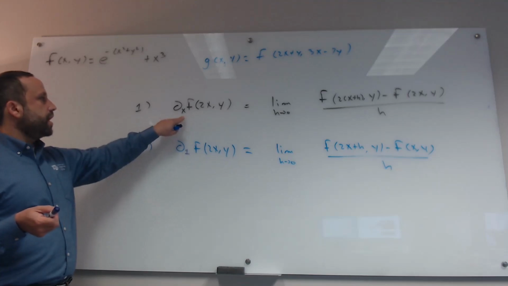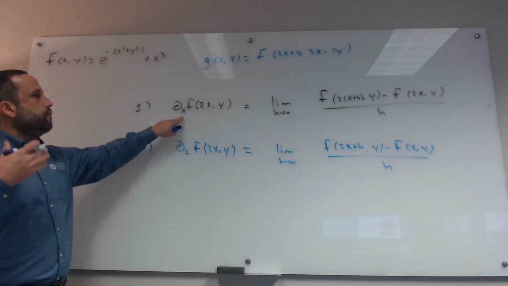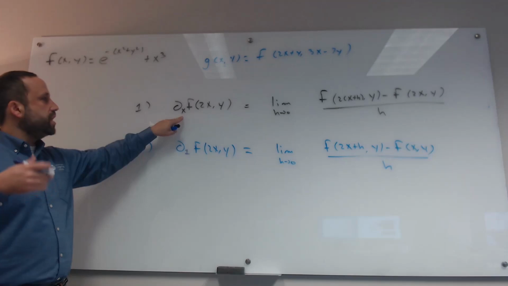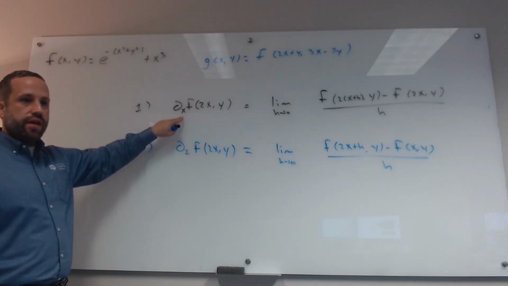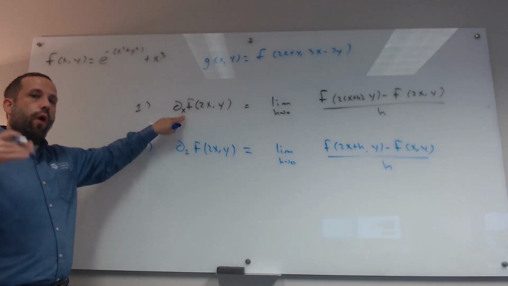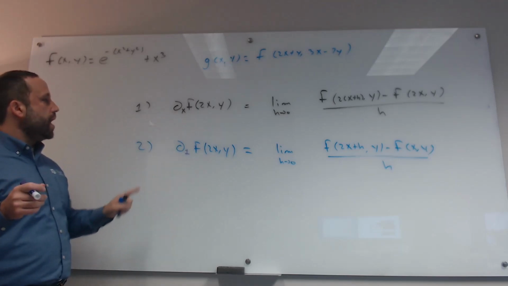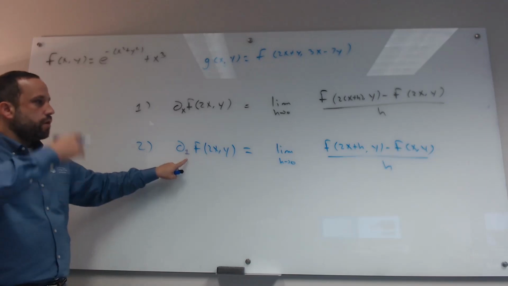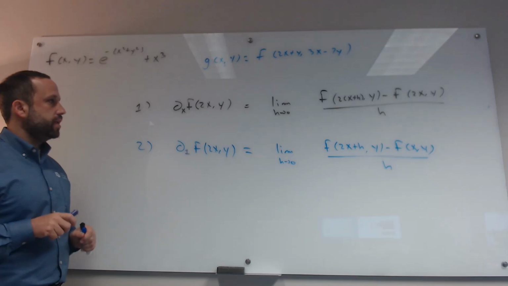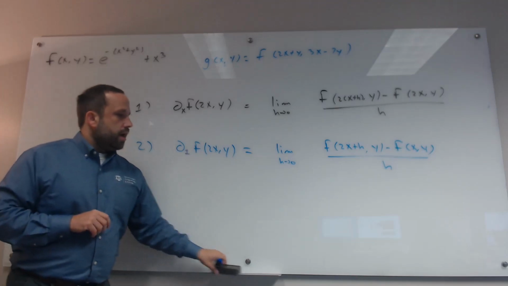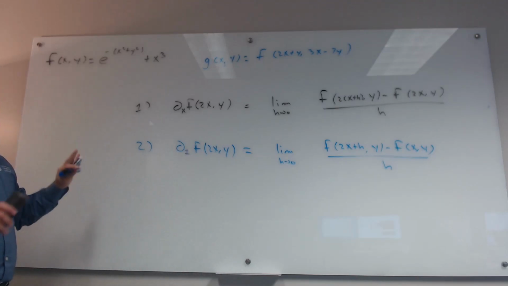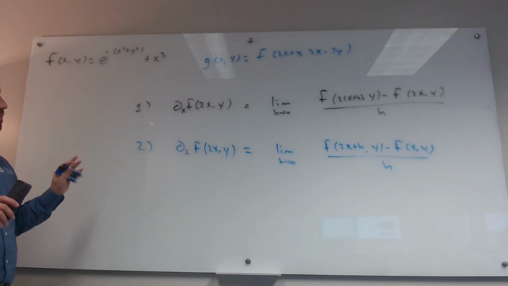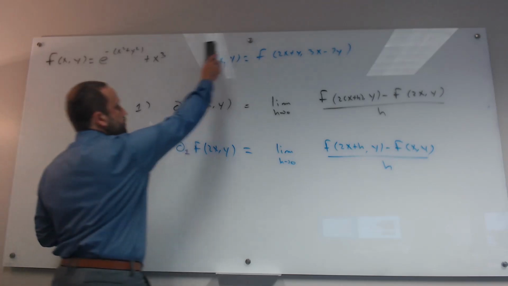So d sub x means when you form the difference quotient, wherever you see an x, put an x plus h. If it was a y, it would mean wherever you see a y, put a y plus h. And this here means in the first component, do the first component plus h. So whatever the first component is plus h, this is what you're going to get here. I think that little bit of different notation is helpful for when we start looking at derivatives like this.